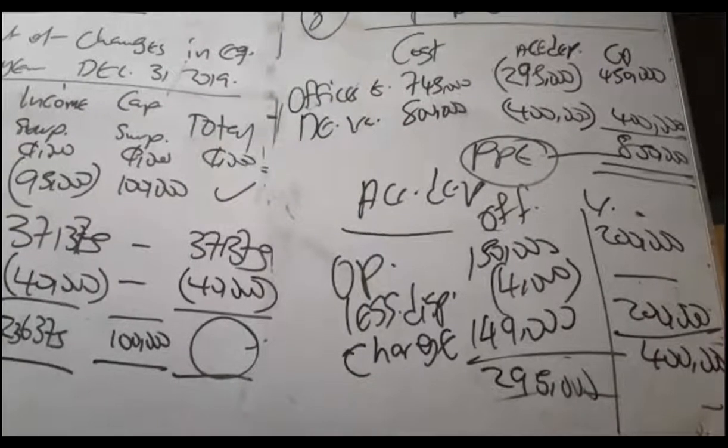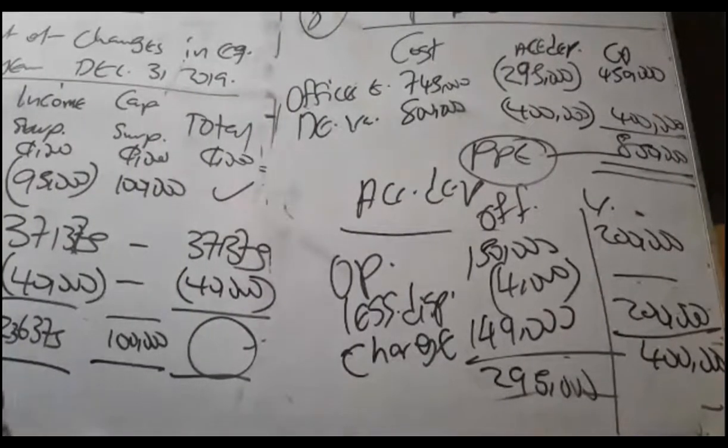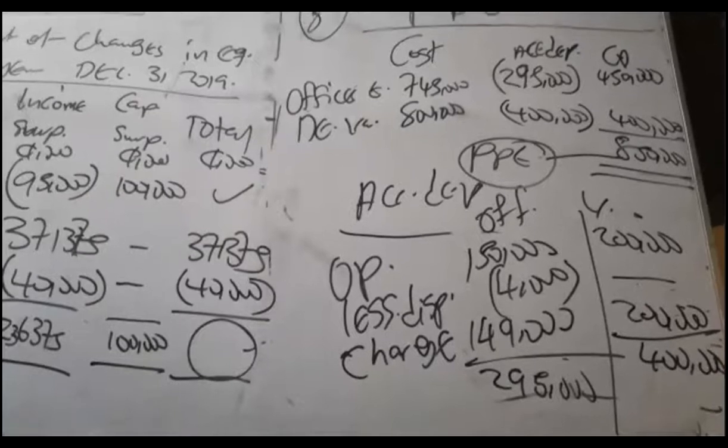So can you create a column for it? Okay, so if you add everything, now we are done with this very one.